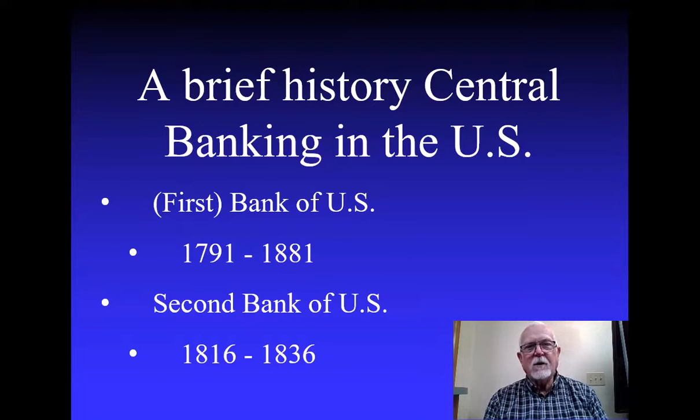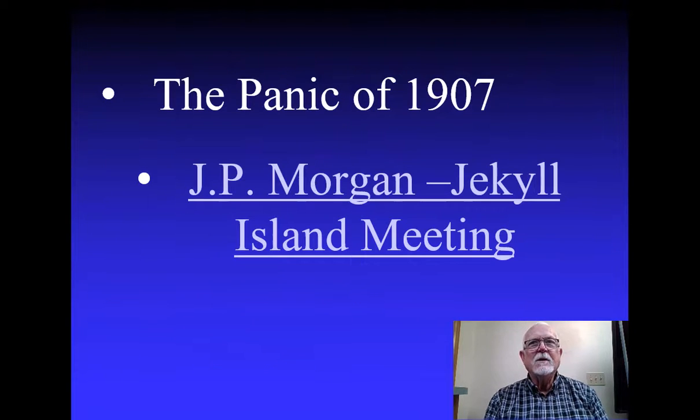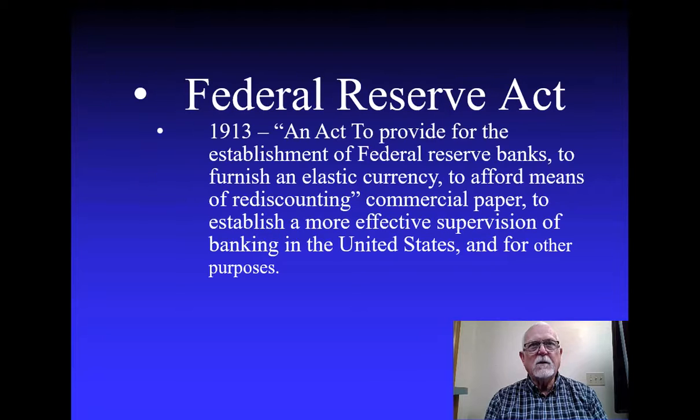The bankers actually met at a place called Jekyll Island, but again, we won't go into that. After that panic of 1907, they got together on Jekyll Island, and it was hammered out, the idea of the Federal Reserve. The Federal Reserve was enacted into law by Congress and signed by the United States in 1913.